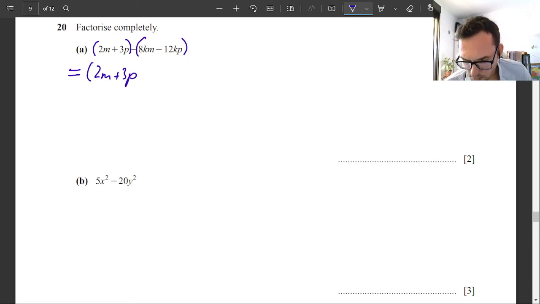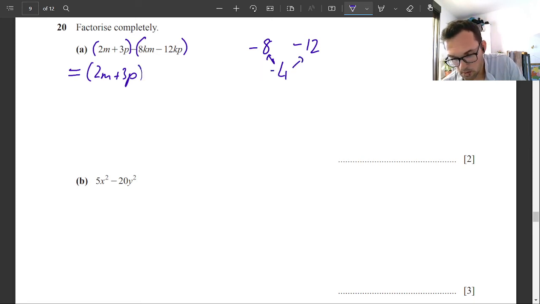So let's see, minus 8 minus 12. What can we factorize from minus 8 and minus 12? Okay, common factor there, of course, is 4, because 4 can divide into both. And the minus. So I'm going to put a minus 4 in front of the bracket.